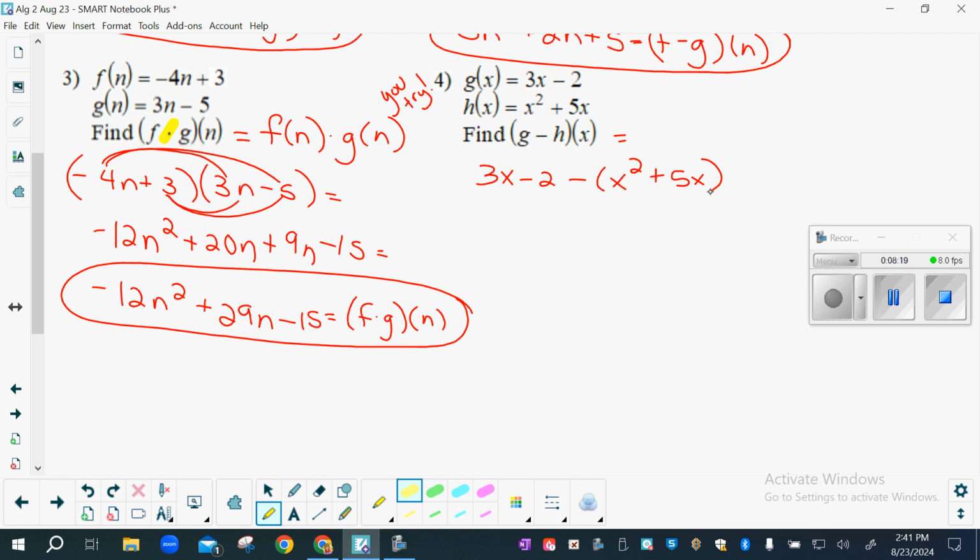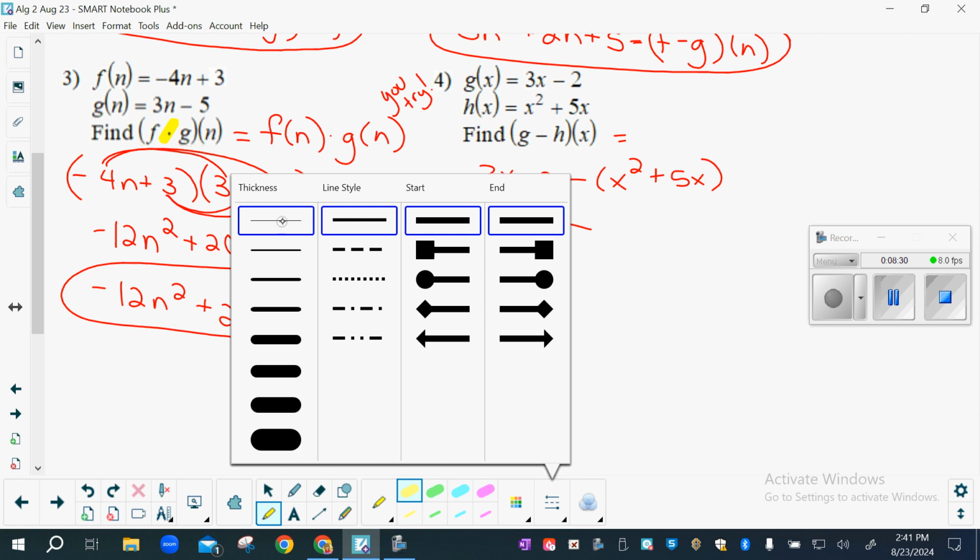So really easy to forget that we have to distribute the negative here. So this is going to be a 3x minus 2 minus. Wait, why are you putting parentheses around this?